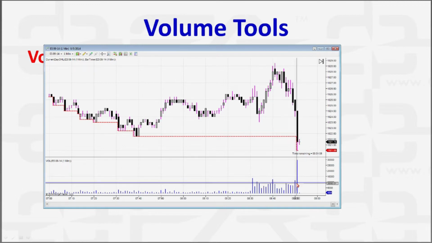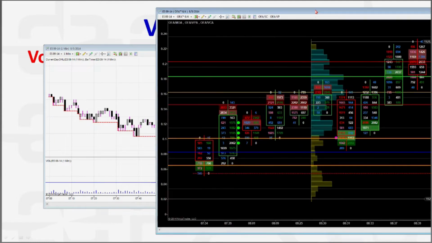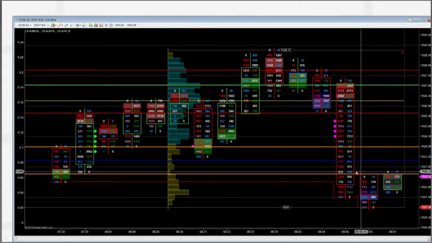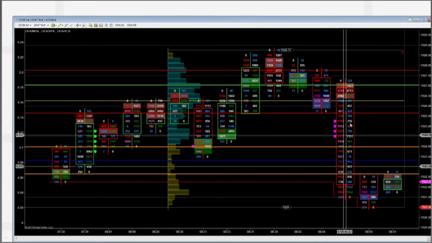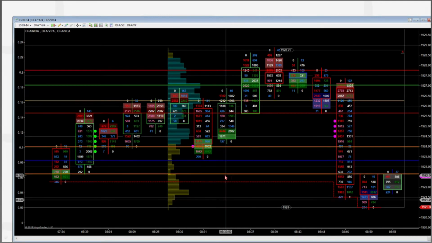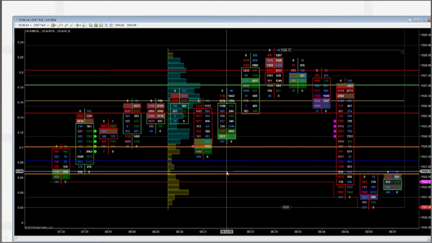Any volume spike during the RTH session that I get up at 10,000 or above, and this was almost 30,000 this minute, causes me to move over to the print, check out the volume cluster analysis, and start watching what happened. So in this example, here's a low volume area right here at 2275.